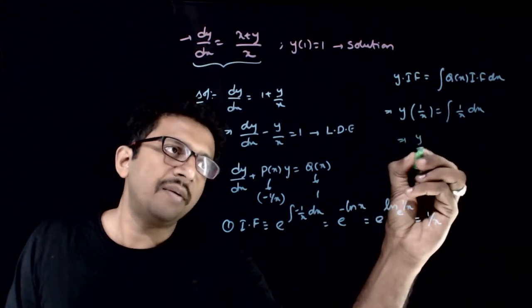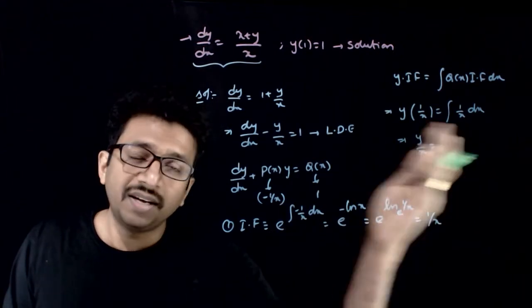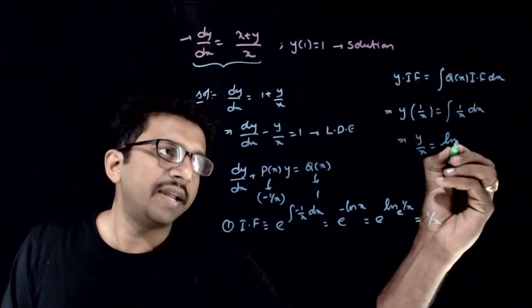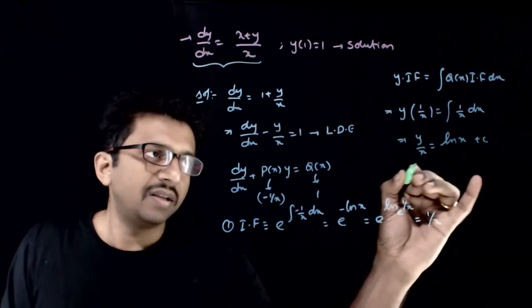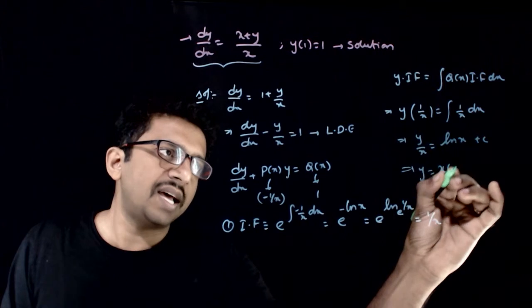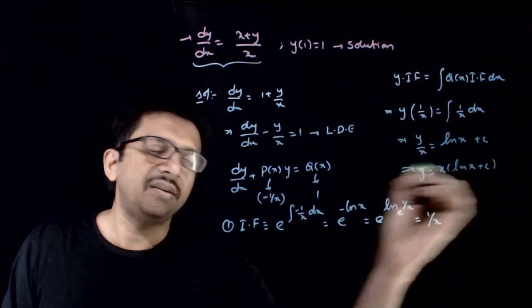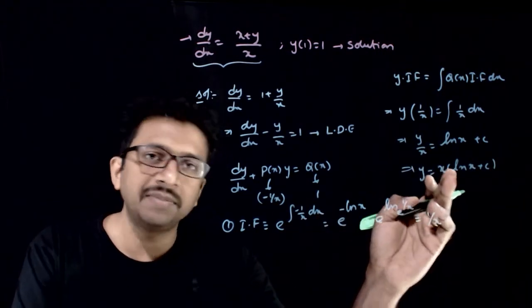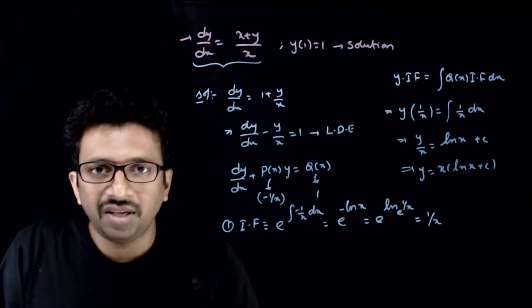So y/x is equal to the integral of 1/x, which is ln x + c. This implies y = x(ln x + c), which is the general solution of this equation.